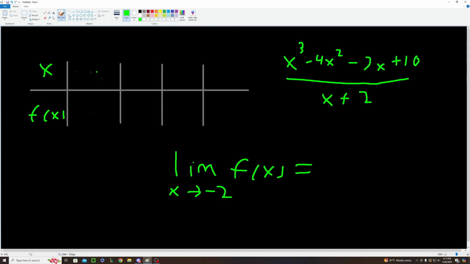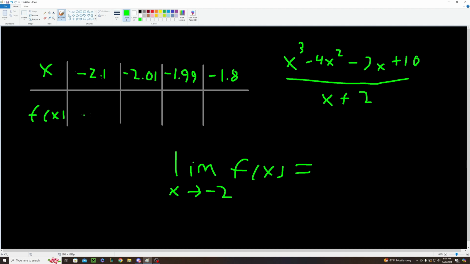So what I did is I chose negative 2.1, negative 2.01, negative 1.99, and negative 1.8. And what you just got to do is figure out the values of f of x for those values of x and see what number is being approached on either side.